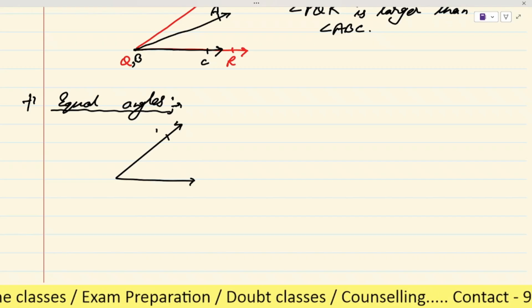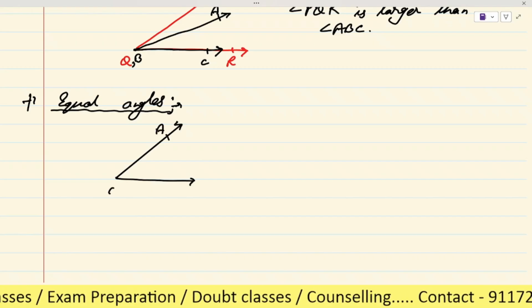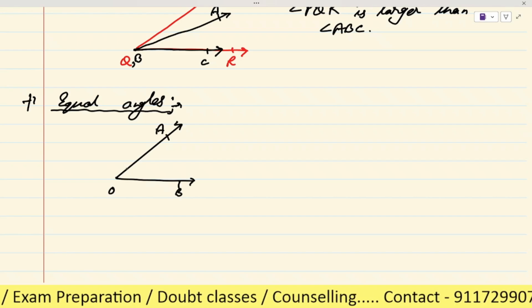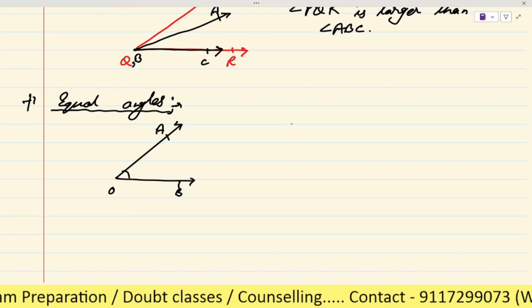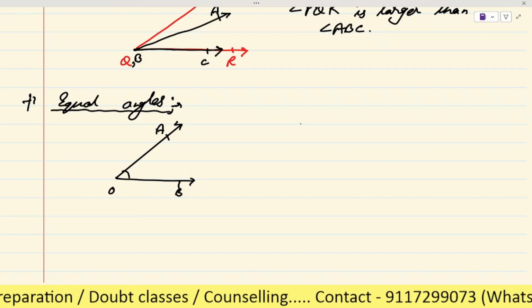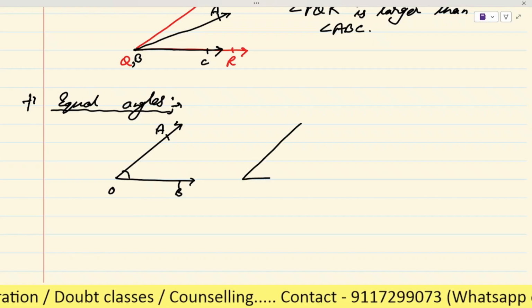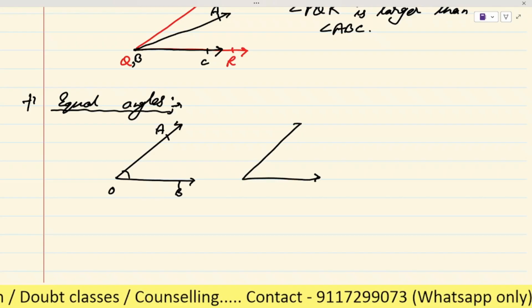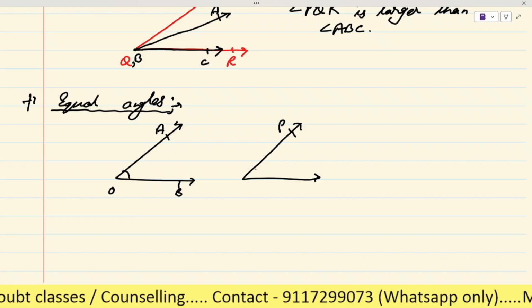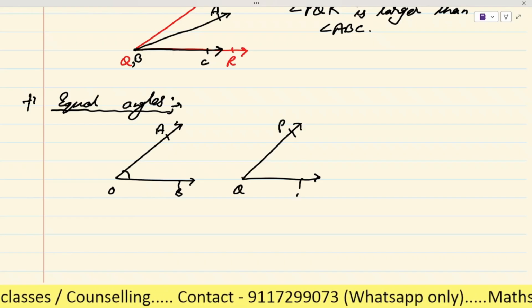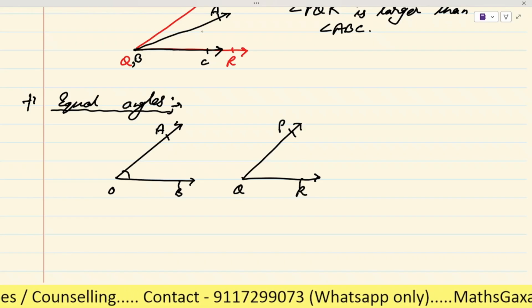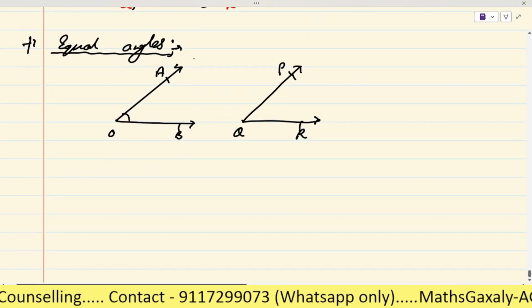this is angle AOB. And there is a second angle, PQR. Now we have to place one over the other.